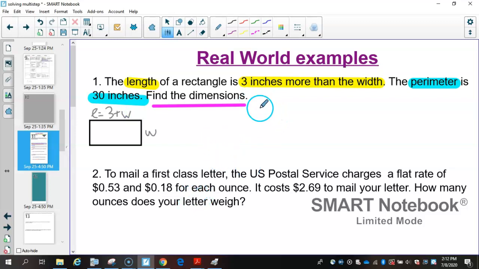Right? Now we need to know a little bit about perimeter. So if you recall, perimeter is adding up all the sides. So I could say that there's 2 side lengths and 2 side widths. I don't know if that made sense.